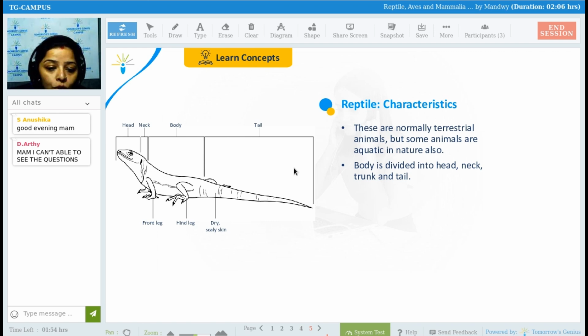As you can see in the image, reptiles are more evolved organisms than Pisces. Reptiles originated in the Carboniferous period.